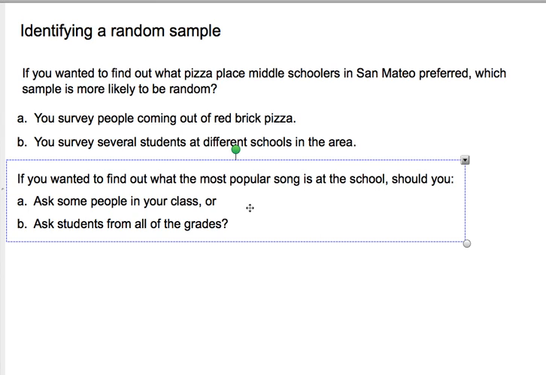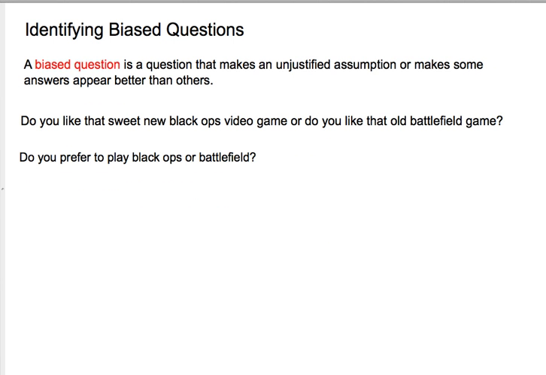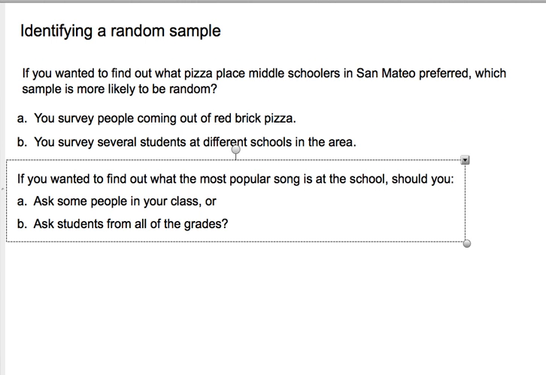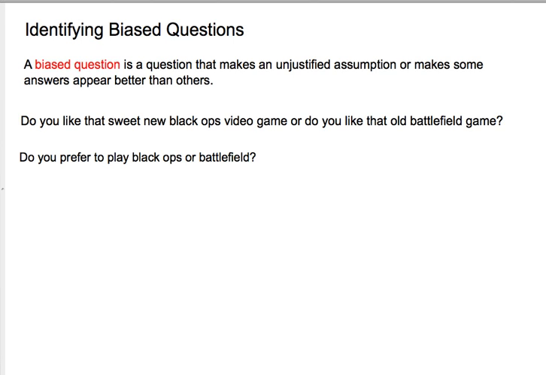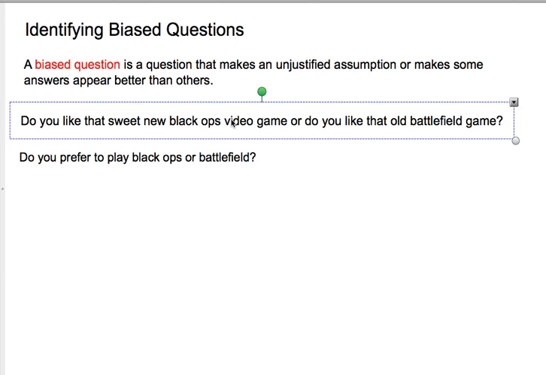Alright, so now let's talk about something called a biased question. You guys have probably talked about questions like these or random samples when you're doing your science fair projects. So a biased question is a question that makes an unjustified assumption or makes some answers appear better than others. This question, for instance: do you like that sweet new Black Ops video game, or do you like that old Battlefield game?